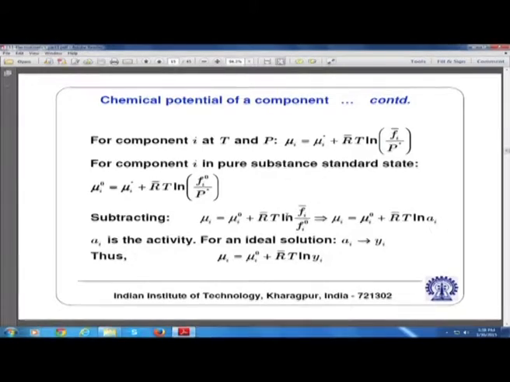If you consider the ions to be an ideal solution, then you have mu I is equal to mu I 0 plus RT ln YI. So you can rescale this. YI is the number of moles of I by the total number of moles. Total number of moles being fixed, you can suitably scale it by writing RT ln Ni also without any problem. So it is just a matter of choosing the scale.